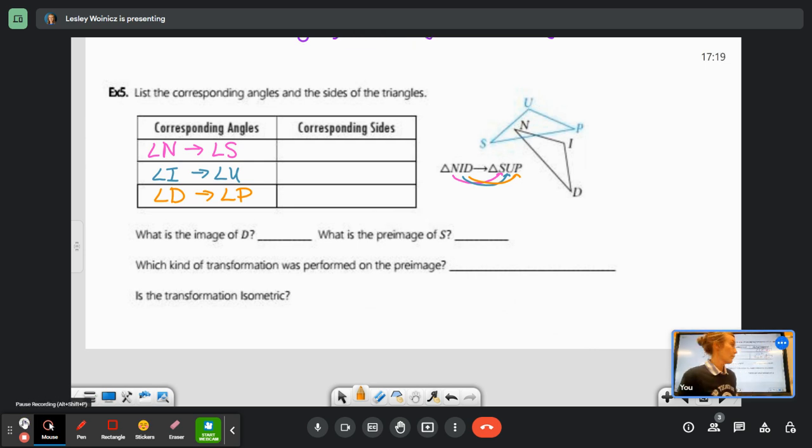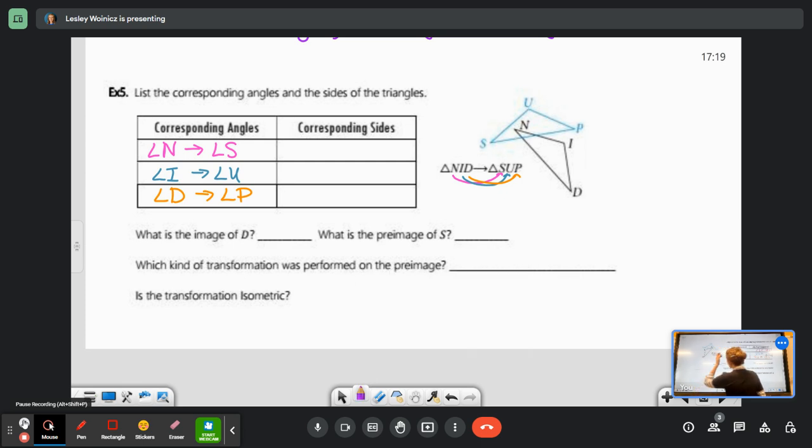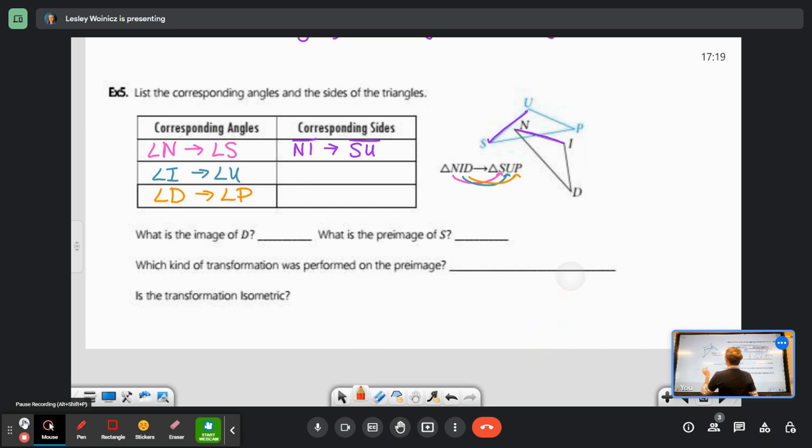For our sides, we have to make sure that we keep going in order. So I'll start with NI. Segment NI maps to segment SU. Okay, that's this one going to that one. Then segment ID maps to segment UP.